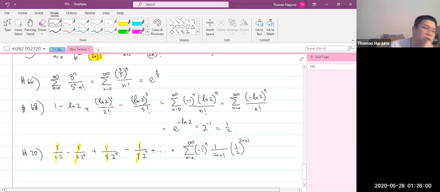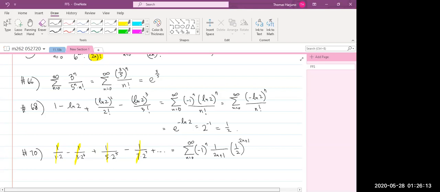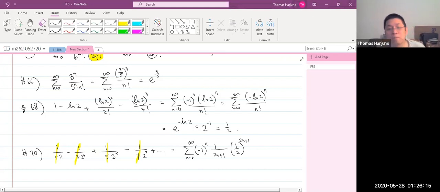Oh, what is this? Oh, it seems to be tangent, huh? Yeah, it seems to be tangent. So this is equal to tangent inverse of 1/2.